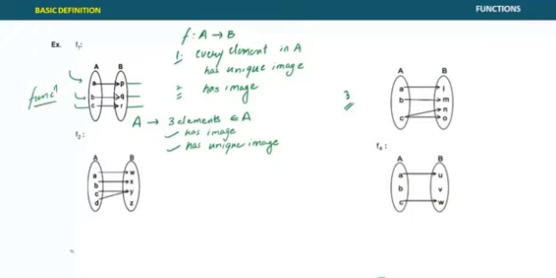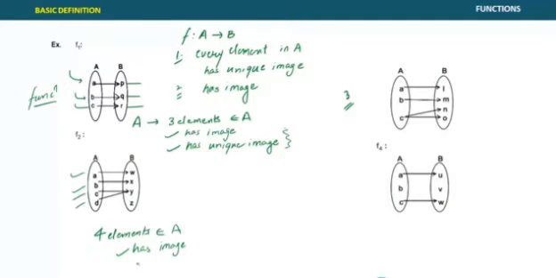Don't worry, I am taking all the 4 to make sure what I mean by these 2 particular properties. There are 4 elements in this particular set, 4 elements belong to A. So each has an image, right? A will give you w as the answer, b will give you x, c gives y, d gives y.